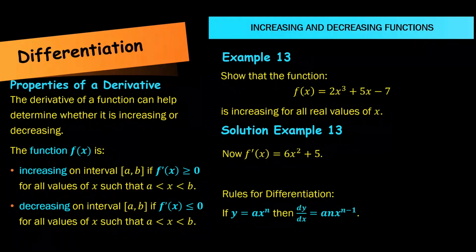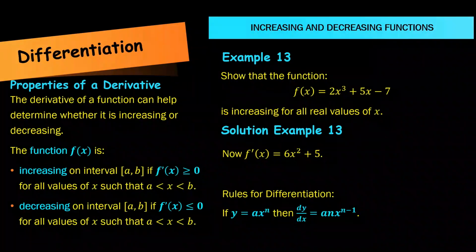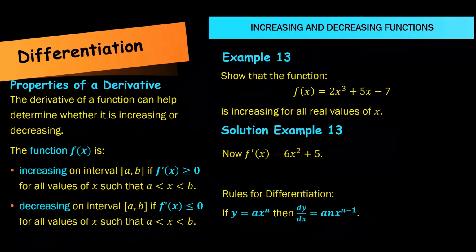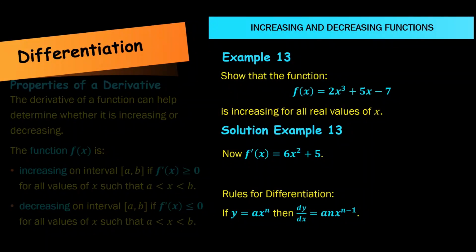If you've forgotten how to differentiate, note the rules for differentiation towards the bottom of your screen. 2x^3 differentiated becomes 6x^2, applying this rule, and 5x differentiated becomes 5. And of course the -7 is going to be 0 when differentiated because it's a constant.